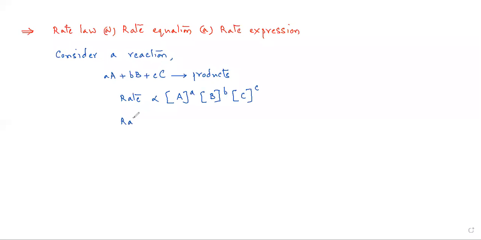Then this can be written as K into A power a into B power b into C power c.